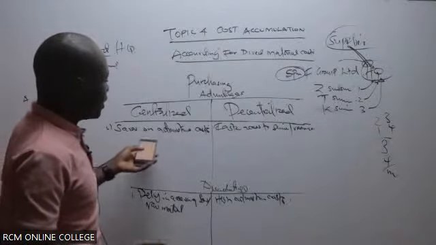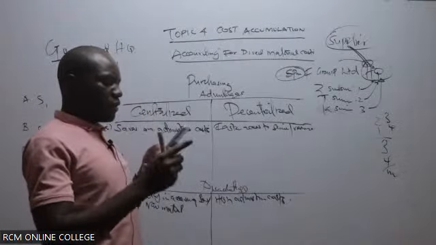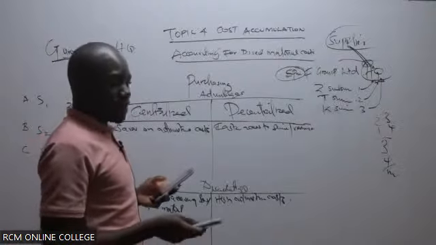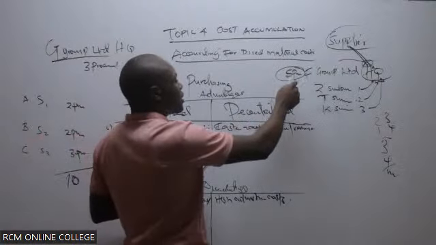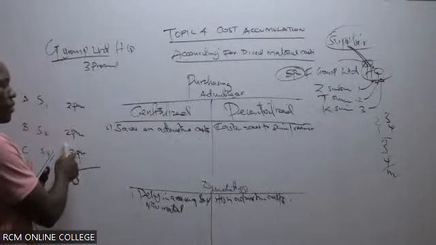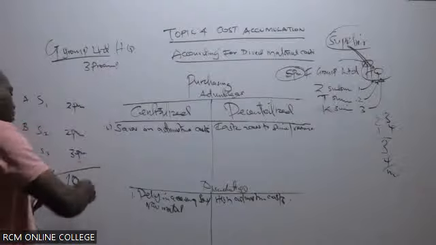Advantages of centralized. 1, specialized and expert purchasing staff can concentrate on one department. We've seen they have 5 who are highly skilled and they only concentrate on that. But here, let's say we are just saying we cannot maintain all these 10 people.